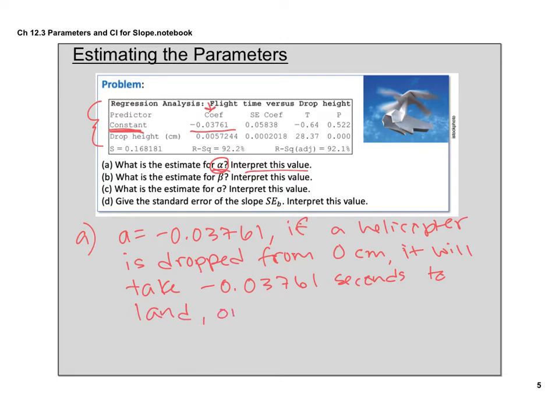Now, of course, we know that there's no such thing as negative time. But we're talking about an estimate of the regression from a sampling distribution. When we repeat the sample over and over again, it gave us a y-intercept that was just a teeny tiny bit below 0, because we know in our heads, if we drop a helicopter from 0 centimeters, it should take 0 seconds to hit the ground.